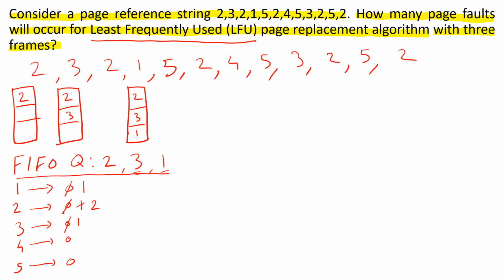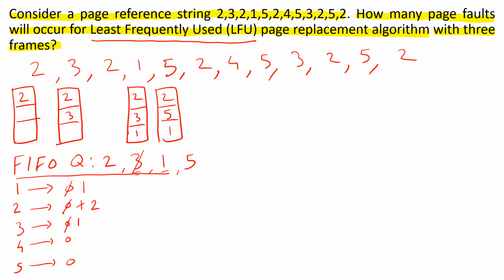So we keep 2 and 1 as they are, and 3 will be thrown out and 5 will be taken in. Since 3 is thrown out, we remove it from the queue. Since 5 is taken into memory, 5 is inserted onto the queue.